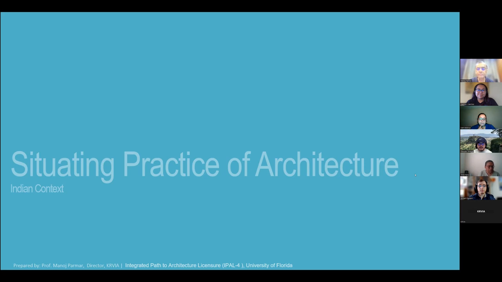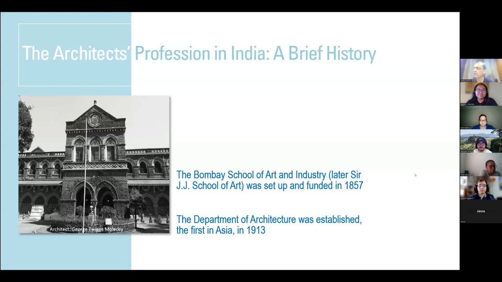So just to tell you, the architectural profession in India, with the architect title, is roughly around 100 years old. The initial circumstances were during the colonial time, when Bombay School of Art was formulated, known as JJ School of Art, which is one of the oldest institutes in Asia, imparting education of art and architecture within one unit.